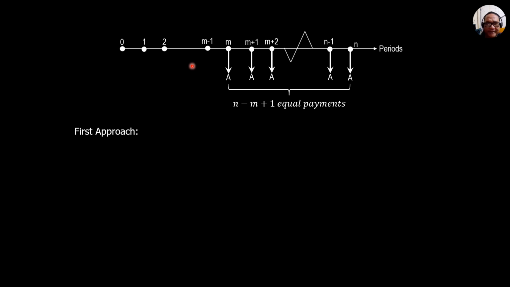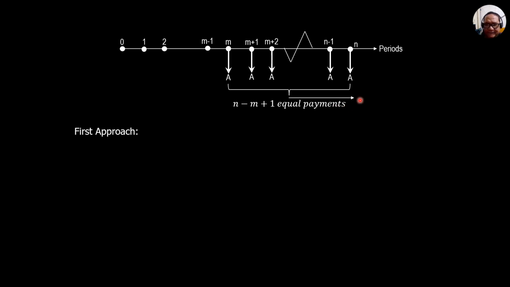So first we have to compute the value. Imagine this is 0. So we can compute the present worth of this n minus m plus 1 equal payments. Or we can compute the future worth also, which occurs at n.